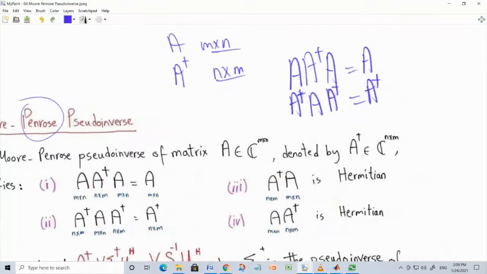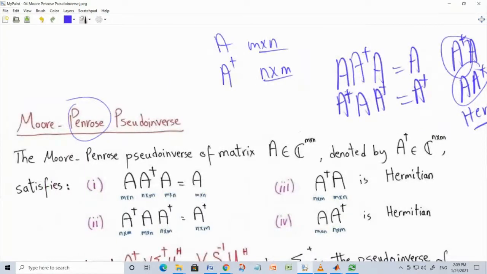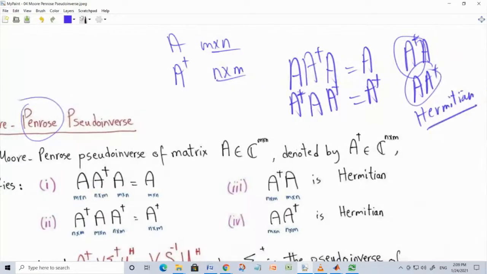The pseudo inverse multiplied by A, and A multiplied by the pseudo inverse, must both be Hermitian. Now, if you design a pseudo inverse that obeys those properties.